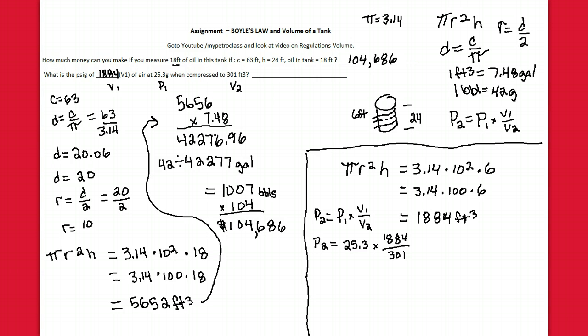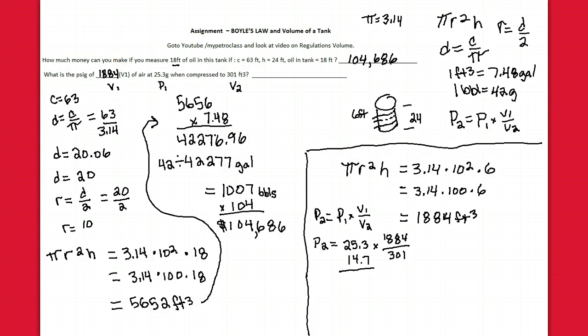See where we got the V2 301 and the V1 1884, and then P1 is 25.3 G. So to convert that to absolute, we have to add 14.7, which is the atmospheric pressure. If we don't, it'll come out really crazy. So let's add that 14.7.